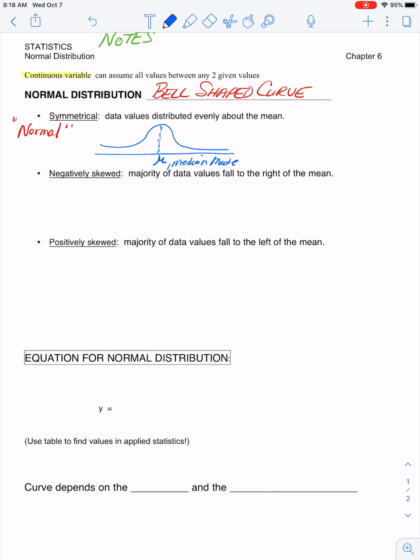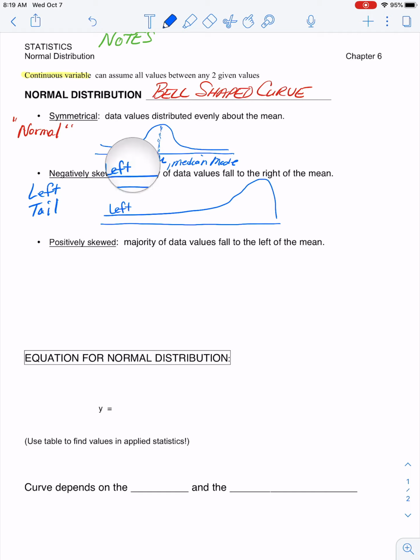Now negative skew, we've been talking about a left tail. So your left tail, a lot of data over here, and it tails to the left. Lots of times we may think of this as having an outlier sitting out here. And so if that's the case, as far as mean, median, mode lining up, your mode is going to go here, then in here someplace you'd find your median.